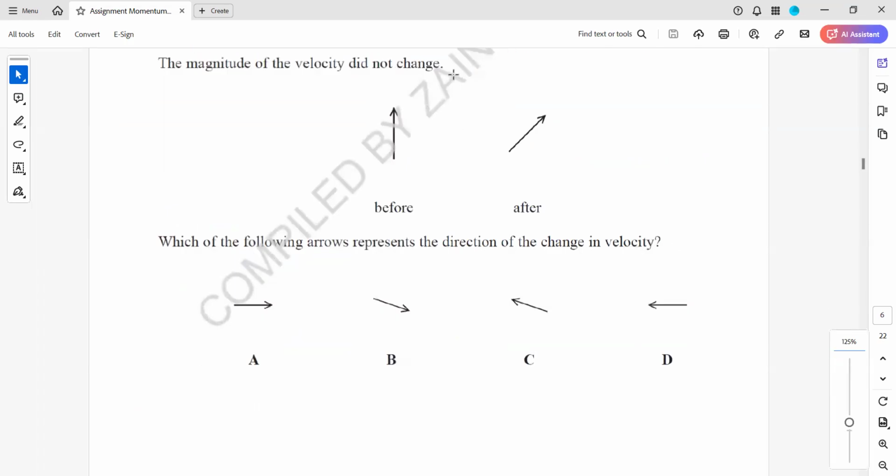The magnitude of the velocity did not change. Which of the following arrows represents the direction of change in velocity? Change in the velocity. Remember, it's important that the length of this arrow matters, because when you work out the change, you should draw the correct length accordingly, the same length.